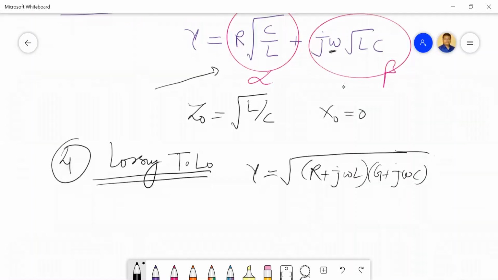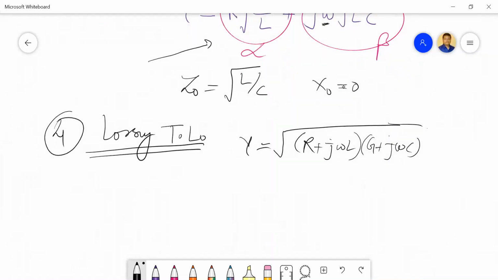For the lossy transmission line, the different frequency components travel with different velocities, so finally it will lead to dispersion. So this is all about the special cases of the transmission line.